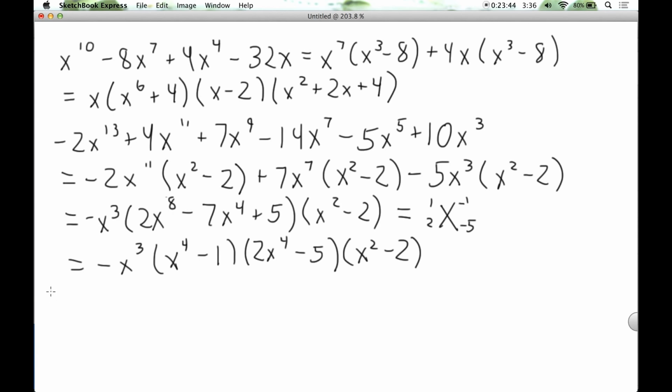Okay, and now let's take a look at one last problem here. And to make things extra crazy, we're going to throw in 2 variables, as well as some negative exponents, which you can see because we're dividing by higher degree terms.